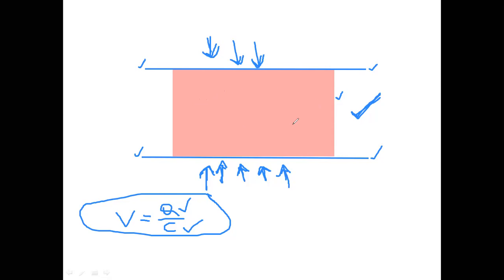For example, even if I apply high pressure, high displacement, or high force, if the amount of deformation of the crystal is very less, then I will get very low voltage.